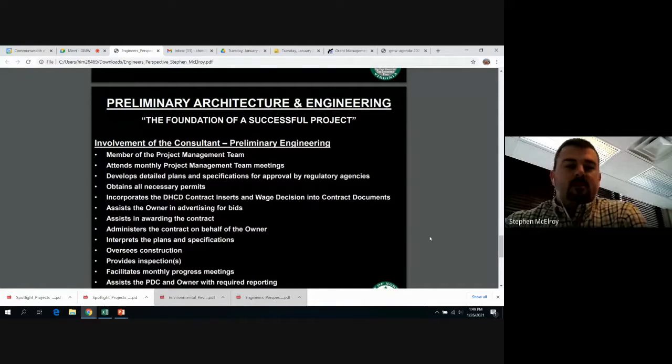And just wanted to touch on the involvement of the consultant through design and construction, whether it's a DHCD project.